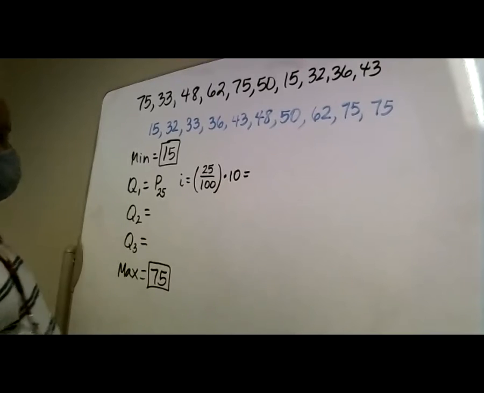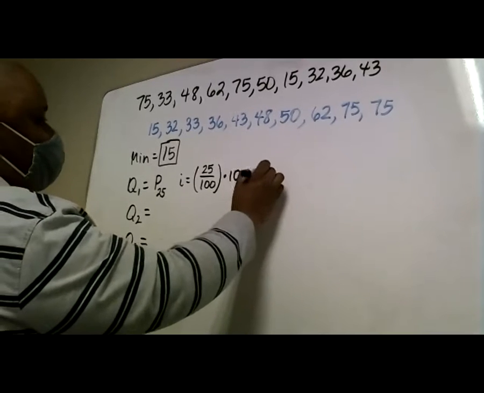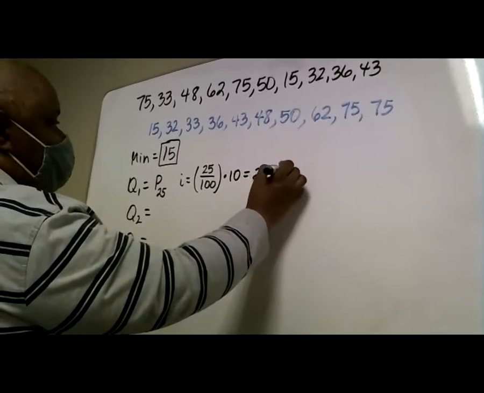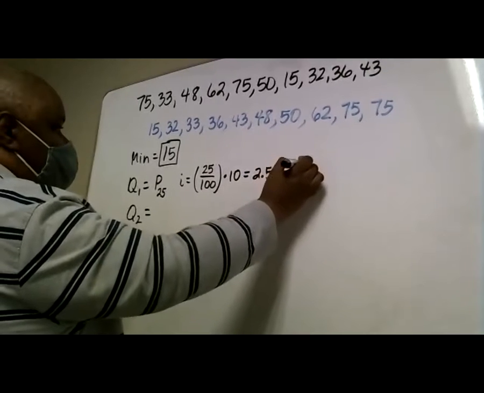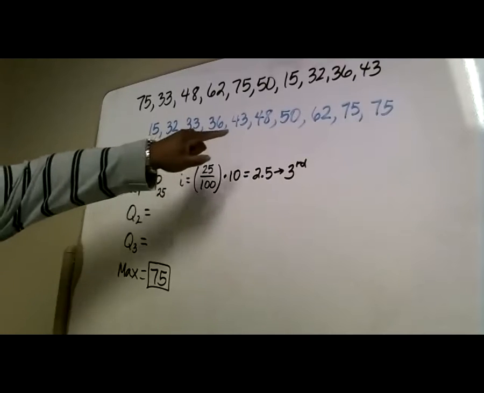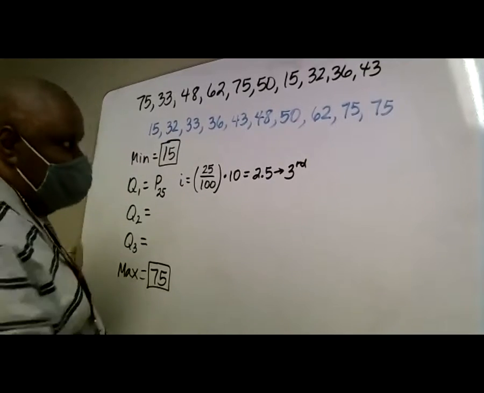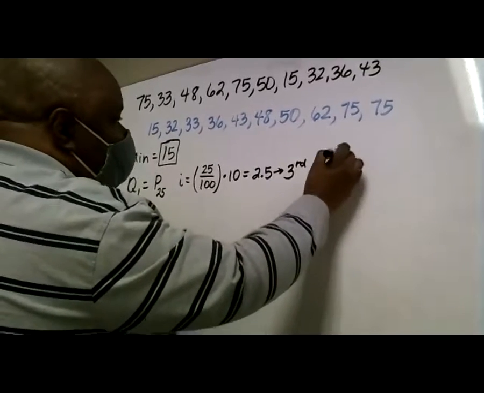If we do 25 divided by 100 times 10, we're going to get what? 2.5. And that's a decimal. That means I need to round it up to the third number. So it's going to be the third number that we're looking for in this sorted data. What's the third number? 33. That represents Q1.